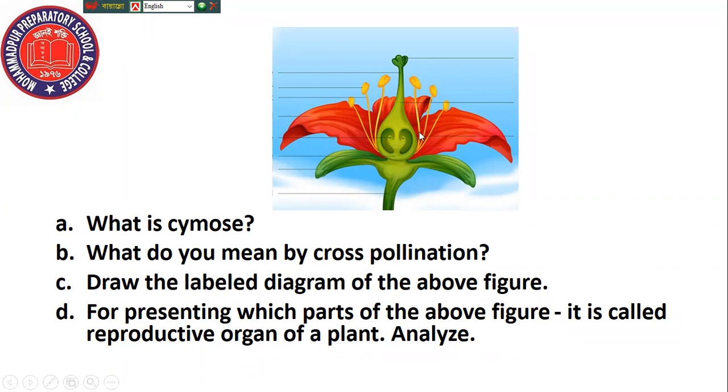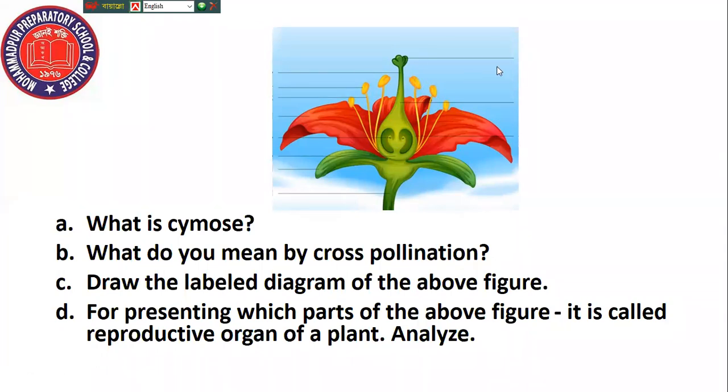And there is the anther. The anther has 2 parts: filament and anther. There are 6 of these, the male reproductive part, filament and anther. Inside the anther, pollen is produced, and inside pollen, male gamete is produced.